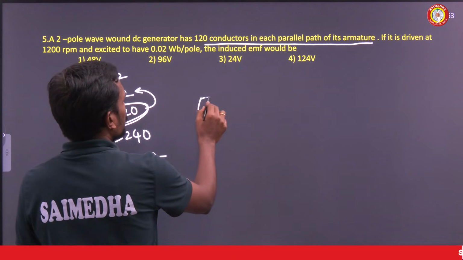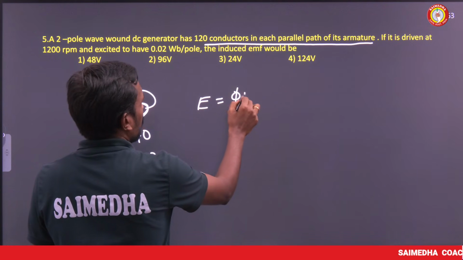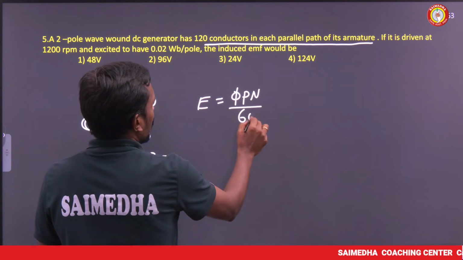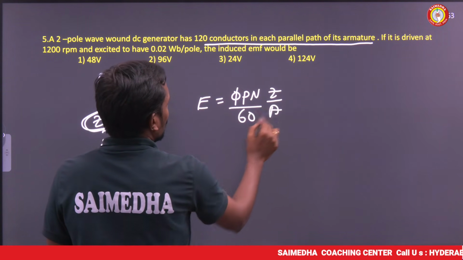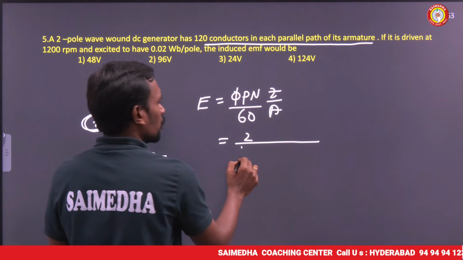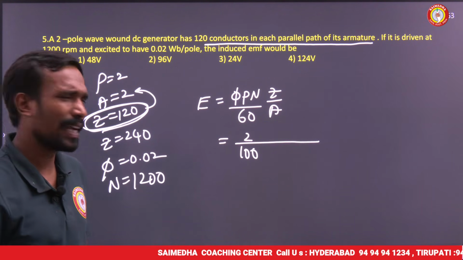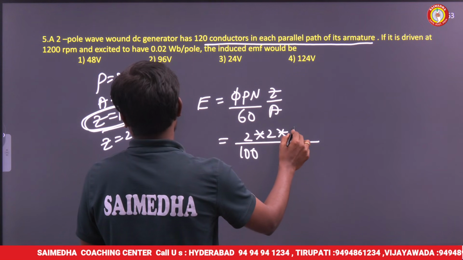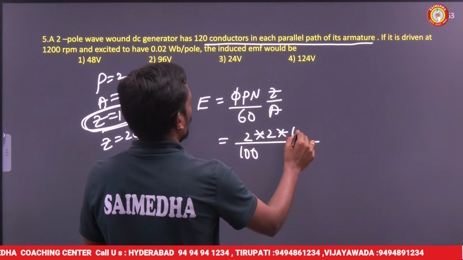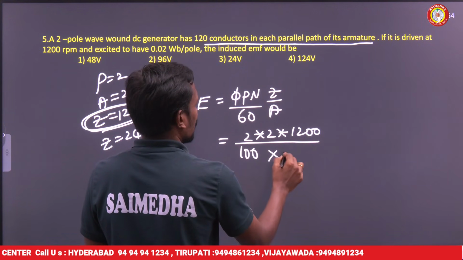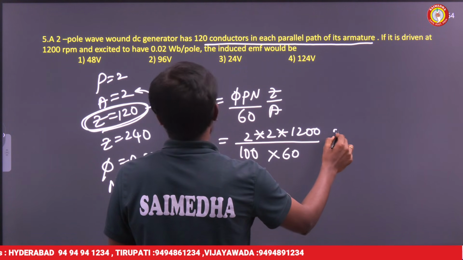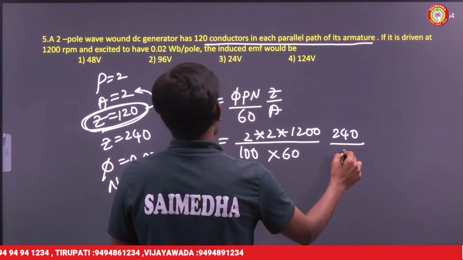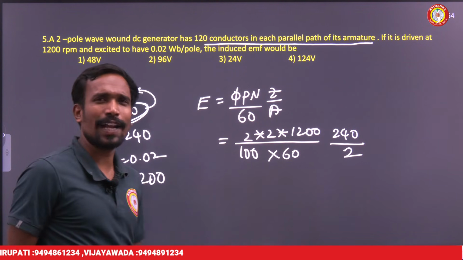So the induced EMF E is equal to ΦPN by 60 into Z by A, where flux 0.02 we can write as 2 by 100, number of poles 2, speed 1200 by 60, number of conductors 240 you should consider, and parallel paths 2. Why 240?